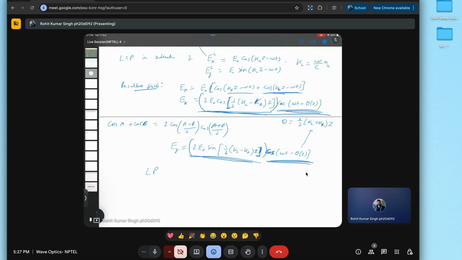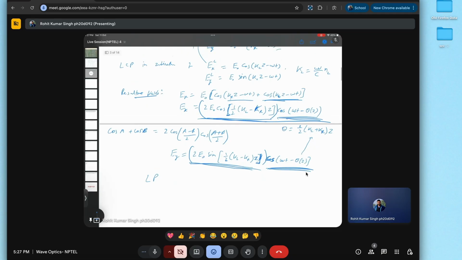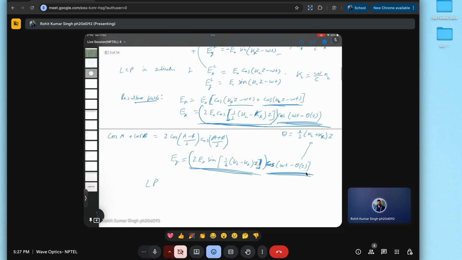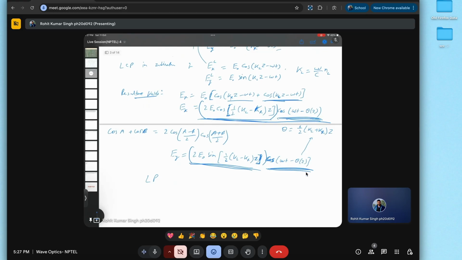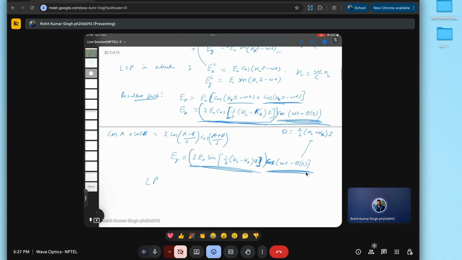And now this theta, theta is same for both, right? And they are also in phase. So yeah, they will be a linearly polarized wave basically. So what you get is basically a linearly polarized wave.